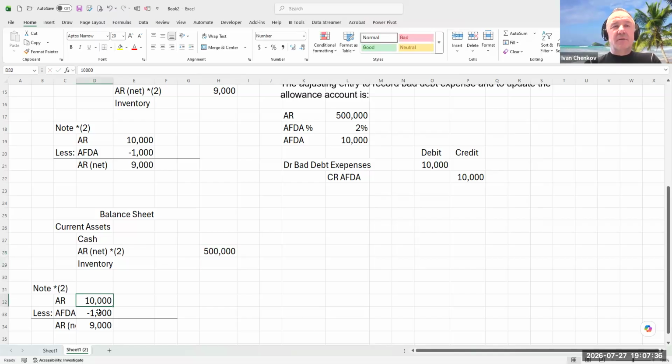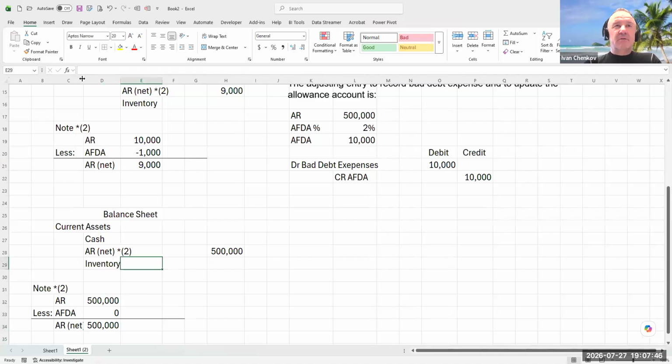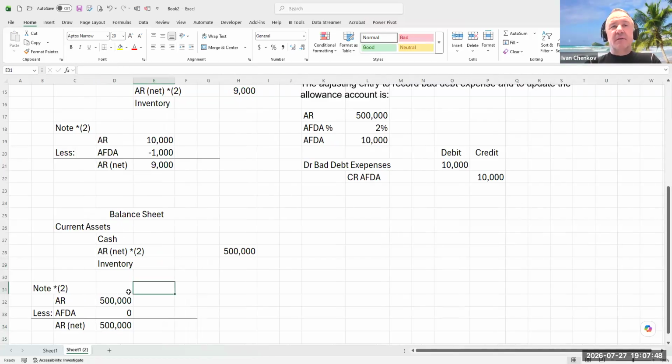And here the calculation will be 500,000. Before we do the journal entry, the allowance for doubtful accounts will be 0 in this case. So the net accounts receivable will be 500,000.